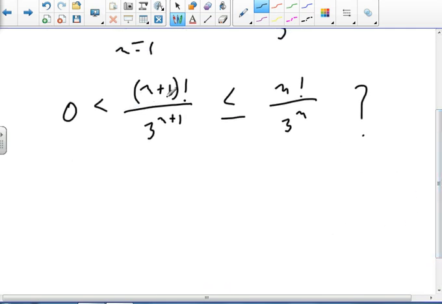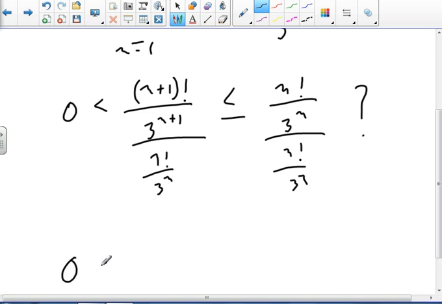I'm going to divide both sides by n factorial over 3 to the n. And if I do that, I get 0 is less than n plus 1 over 3, and that's going to be less than or equal to 1.